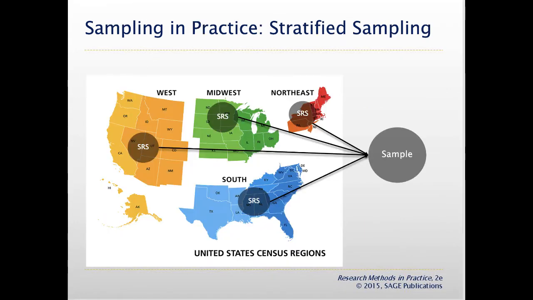So here's an example of stratified sampling where we've divided the United States into the 4 census regions. And then you take a simple random sample of people from each region.